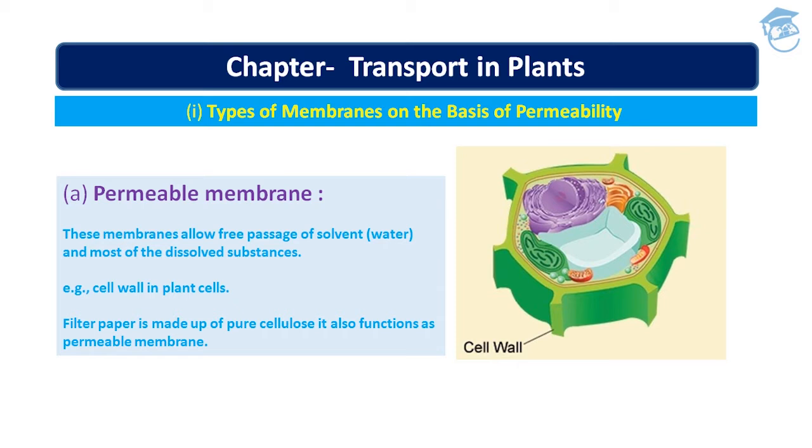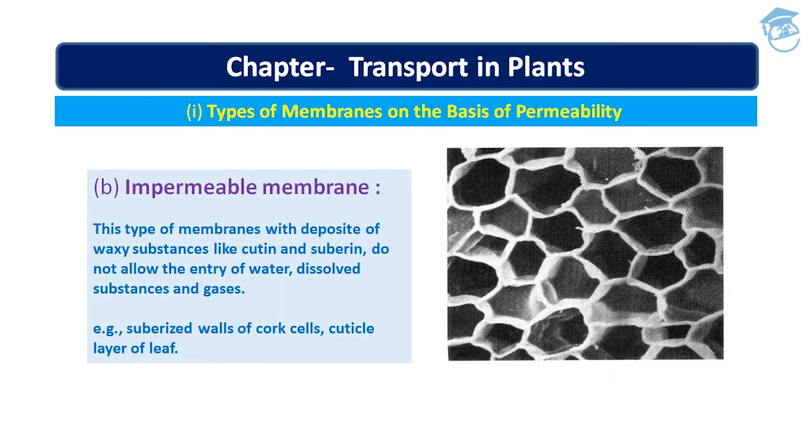Now second is the impermeable membrane, which just doesn't allow the entry of water, dissolved substances and gases inside it. Examples are the suberized wall of cork cells and the cuticle layer of the leaf. See, the cuticle is always present outside the leaf, so it does not allow anything to go inside it.